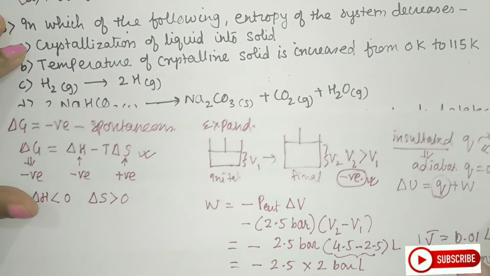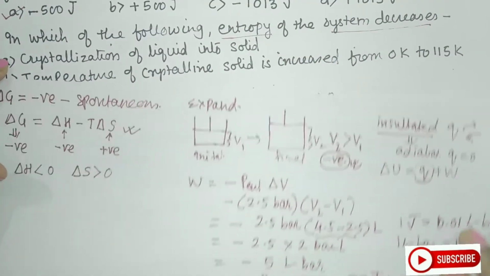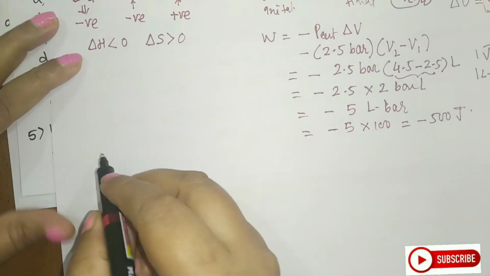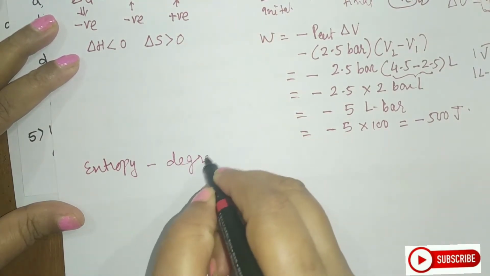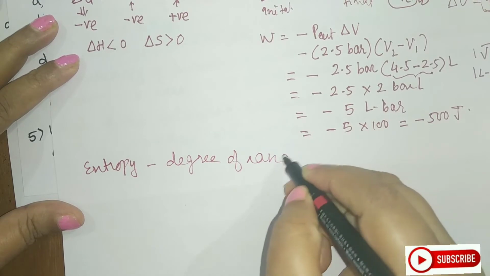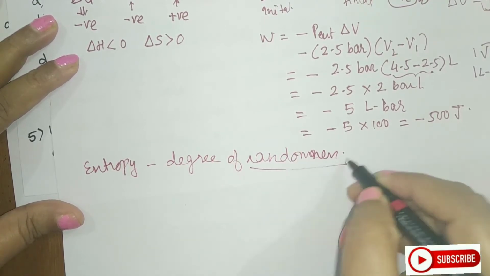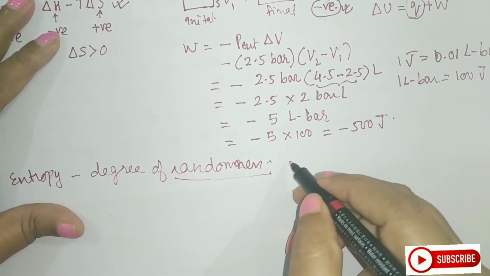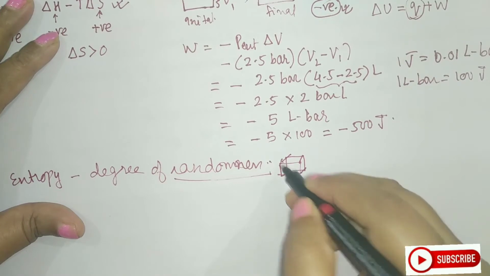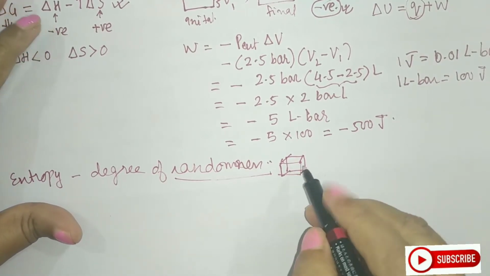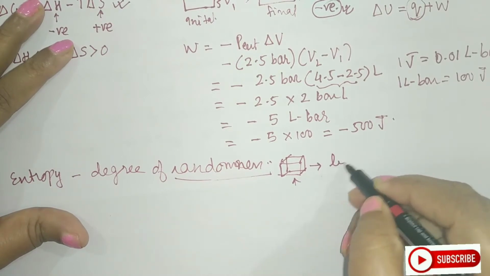In which of the following will the entropy of the system decrease? Let us first understand what entropy is. Students, entropy is the degree of randomness. What is the meaning of randomness? If I have a solid with a compact, well-ordered arrangement of atoms, when I heat it, it gets converted to liquid.